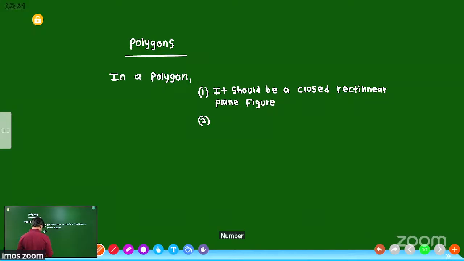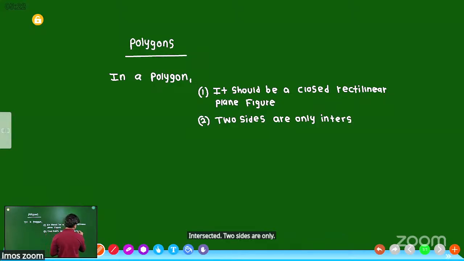Number two, two sides are only intersected on a vertex.